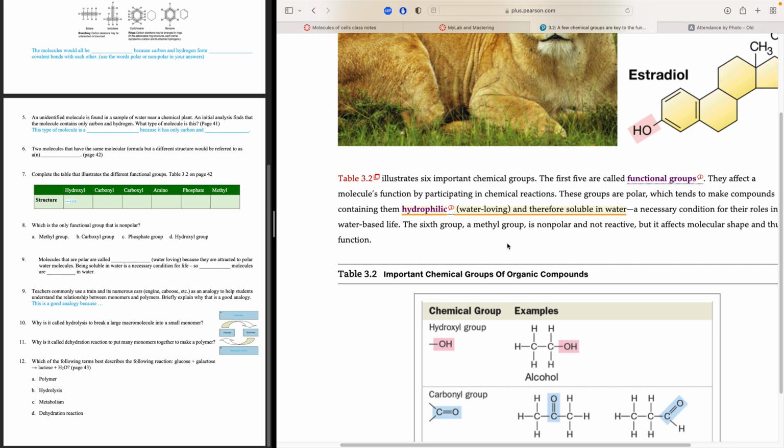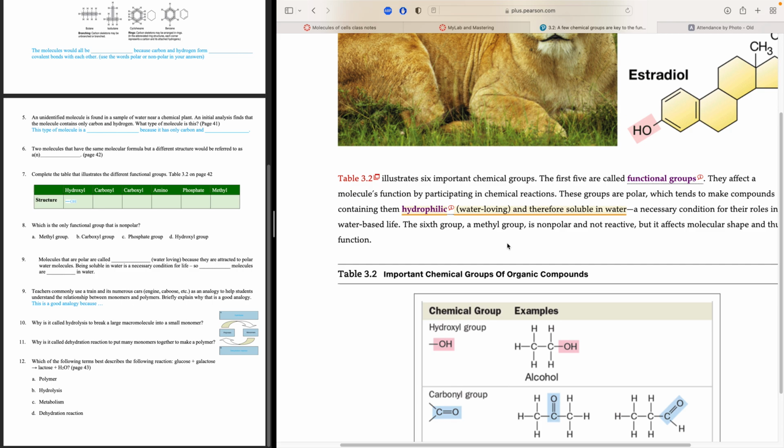So if you have a polar molecule, water can surround it like it did salt. Remember sodium being positive, chlorine being negative? Water surrounds it because it's an ion that it's surrounding. So water likes to be attracted to things because it's got a positive and negative side. That's how things dissolve when water surrounds it. So being soluble in water means water surrounds polar molecules. That's a necessary condition for life.